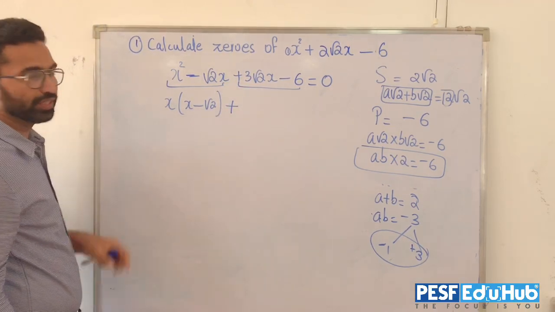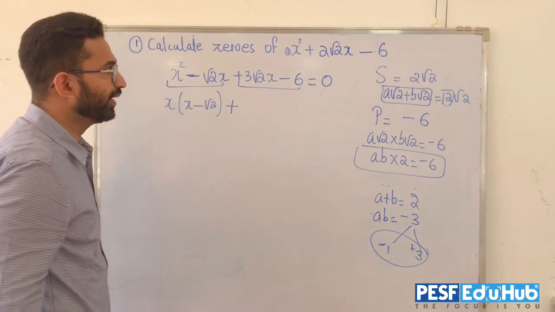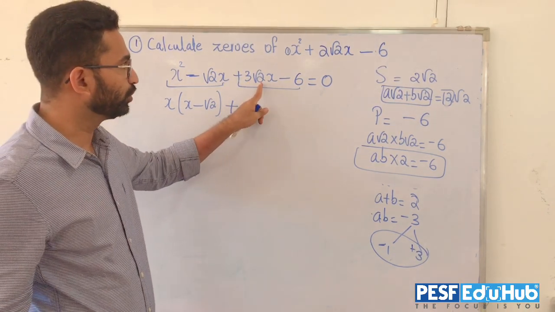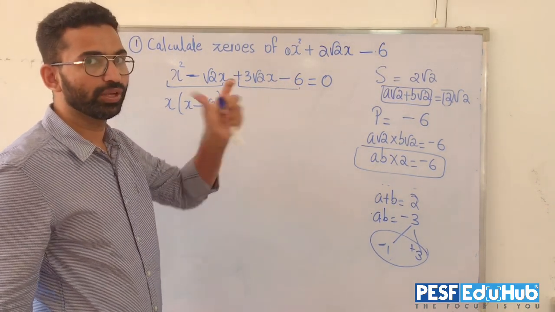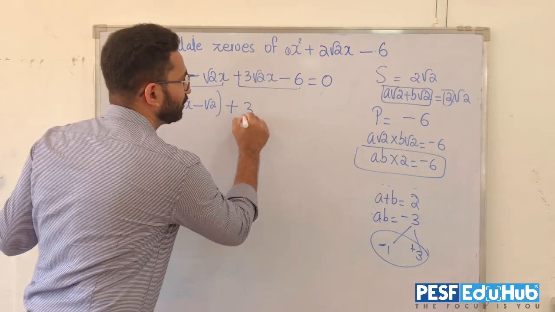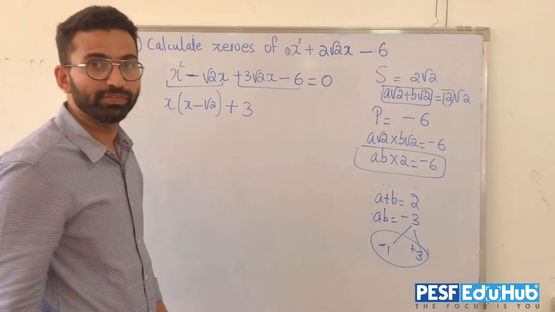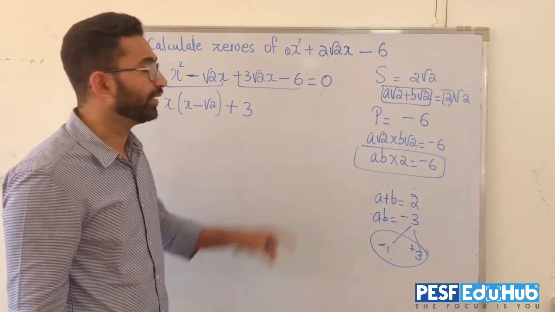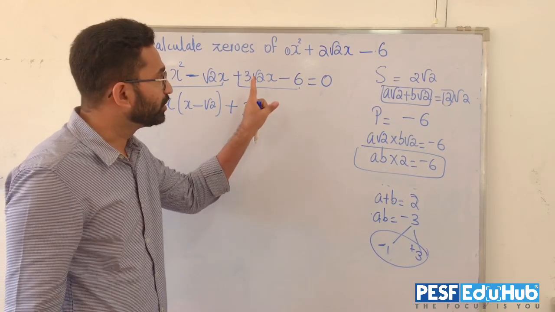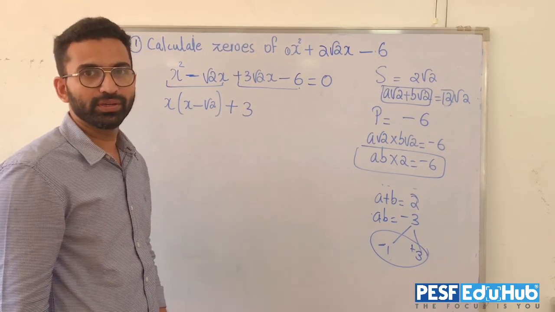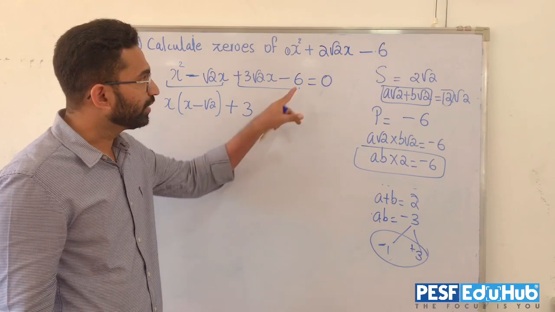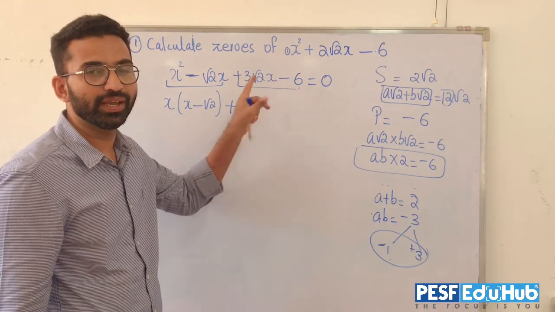So plus what is common? Sometimes you may feel that nothing is common here. This is 3 root 2x, this is minus 6. 3 is common. Is there something else common? Definitely, my dear friends, in this case you should know that this root 2 is also common. Sometimes you will tell me, sir, in 6 I can't see any root 2.